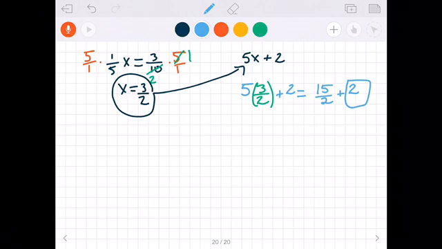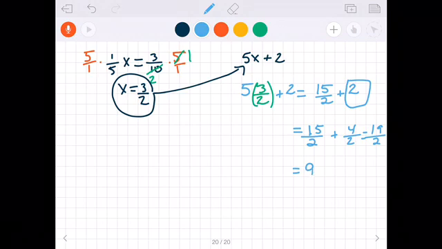I'm going to do it that way, just for kicks. So that gives us 15 over 2 plus 4 over 2, which is 19 over 2. And at this point, I am going to change it to a mixed number. So 19 divided by 2 is 9 and 1/2.